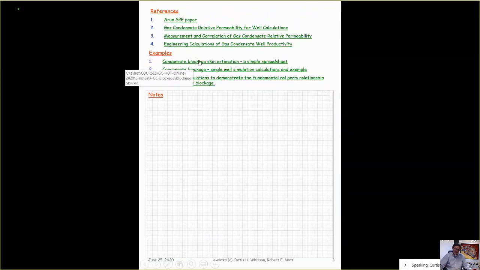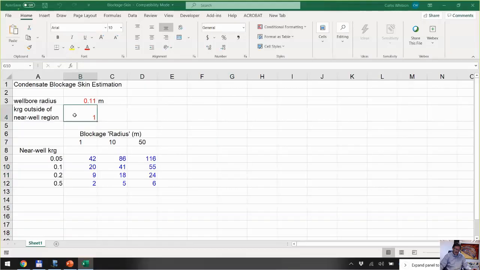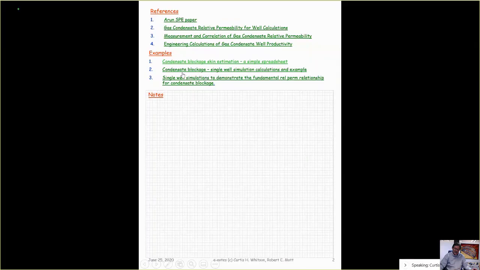You've got this blockage skin equation. That's the same thing we just did on paper. So basically, you've got the same calculation we did, and then these single well simulation calculations, an example.